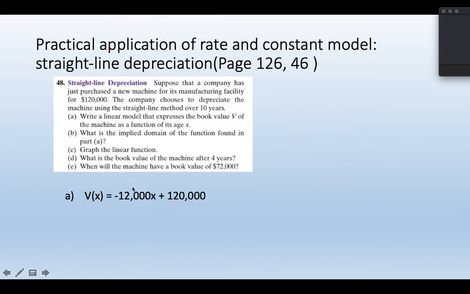So if you are back, these are the functions. Because if you divide the total by 10, then just 10 will be gone. So that is the number, and depreciation means minus x. Here x is the age, and the total value is 120,000. And what is the implied domain of the function found in part A?